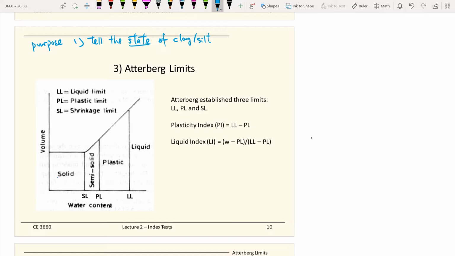It could be at a solid state, a plastic state, or a liquid state. So the first purpose is to help us identify what state the soils you have on site are in: solid, plastic, or liquid. The second purpose is to help us do soil classification.